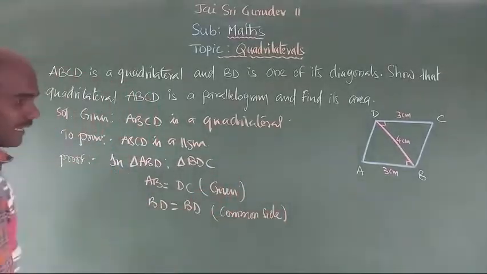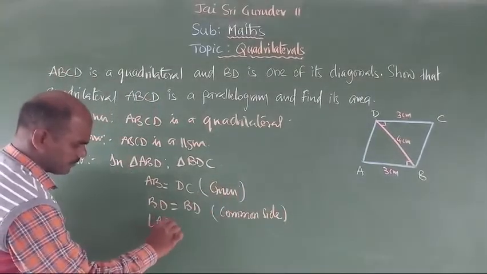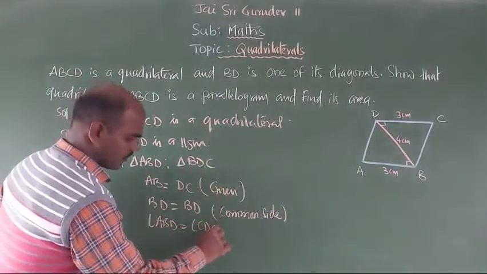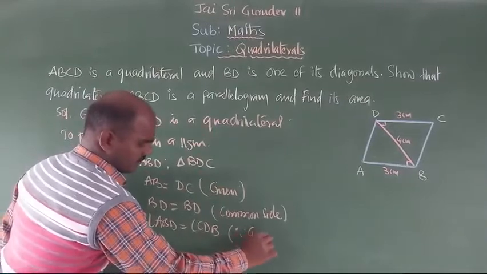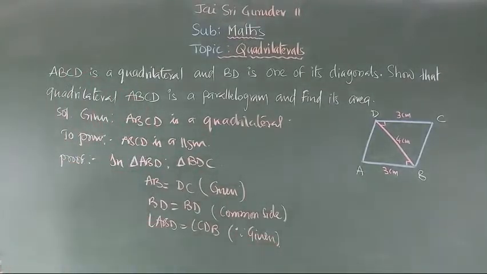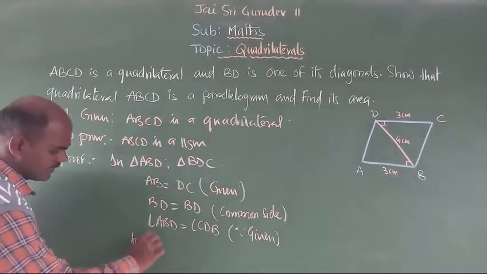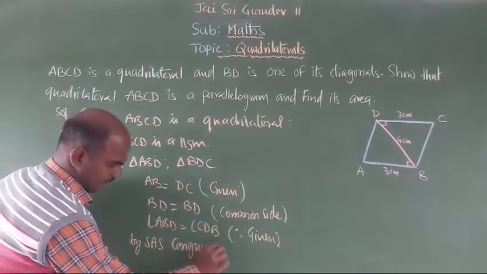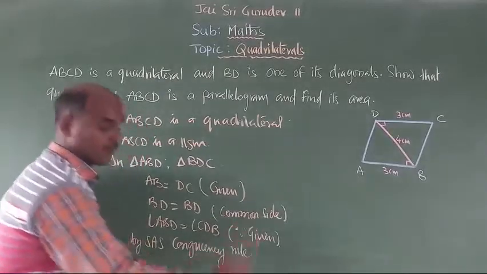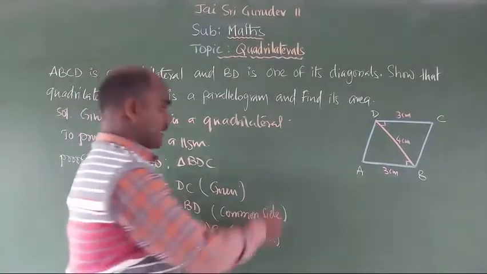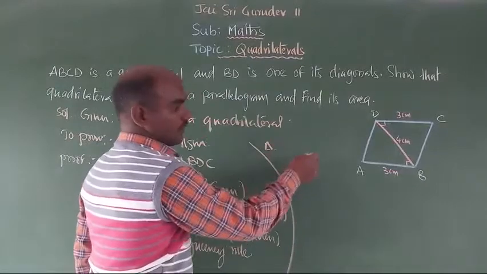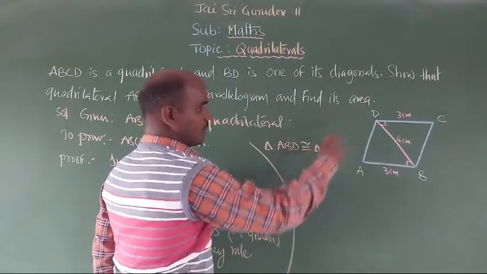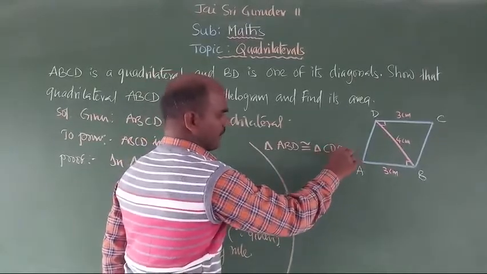So then angle ABD is equal to angle CDB. So it is also given, children. Yes. So by the SAS congruency rule, triangle ABD is congruent to triangle CDB.